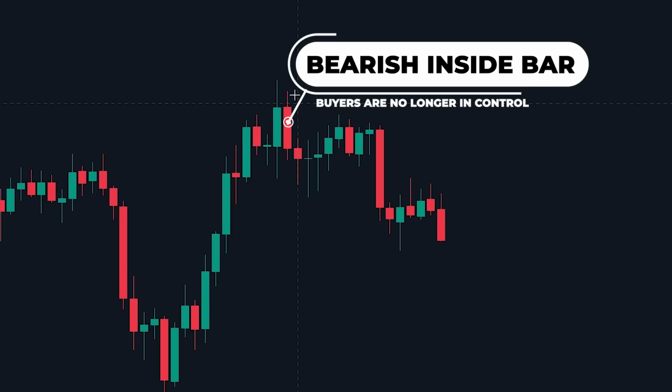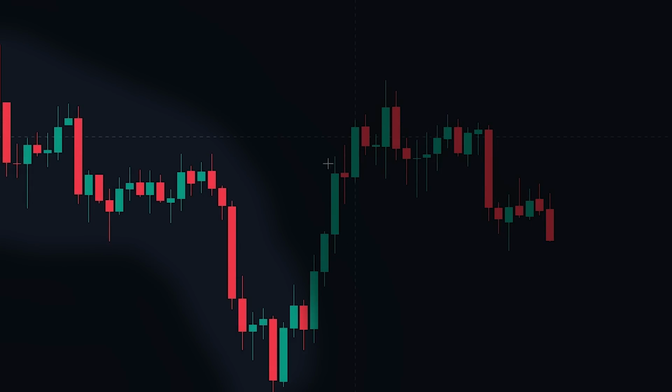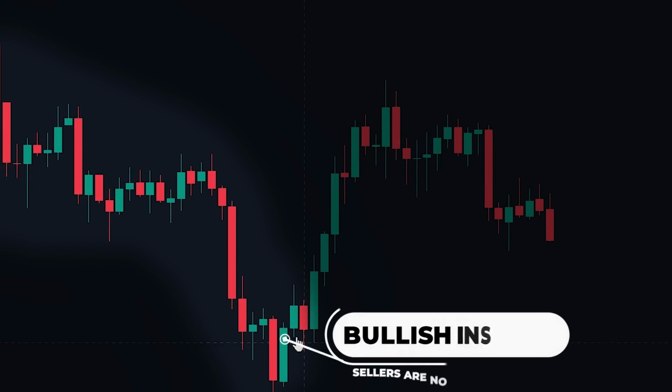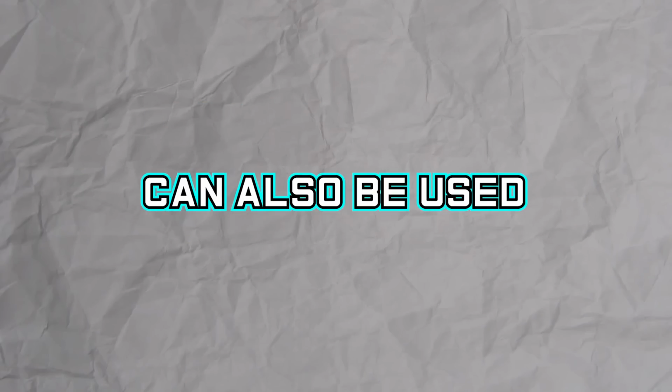This means there is a high likelihood of the price either consolidating or moving in the bearish direction. For a bullish signal, the price will need to be in a downtrend. Then once the bullish inside bar forms, we know that the sellers are no longer interested in selling any further, showing us that the sellers are no longer in control, indicating that the price action will either consolidate or move in the bullish direction.